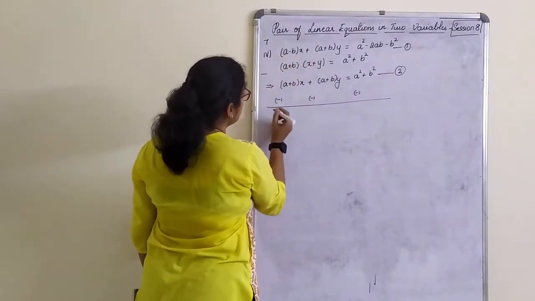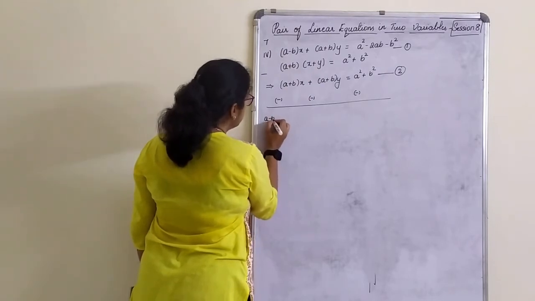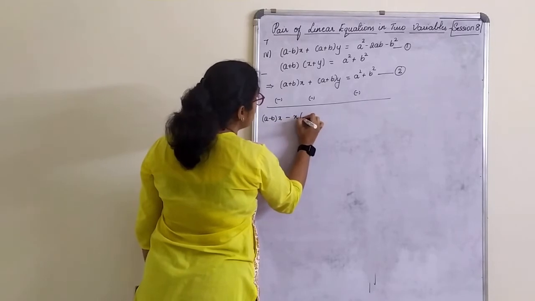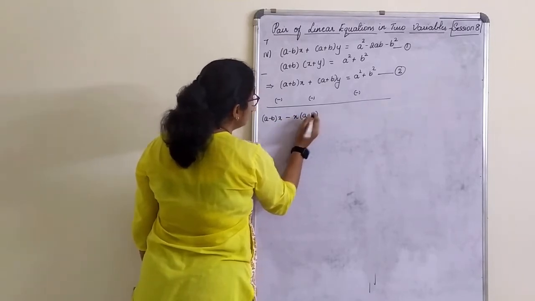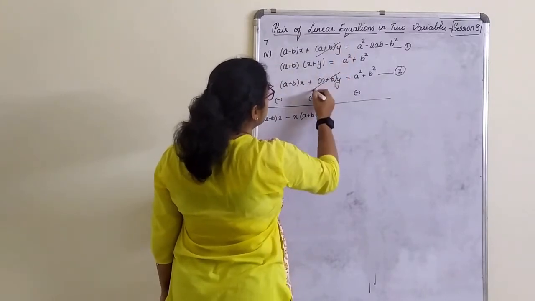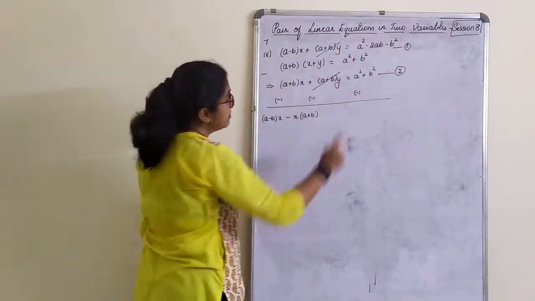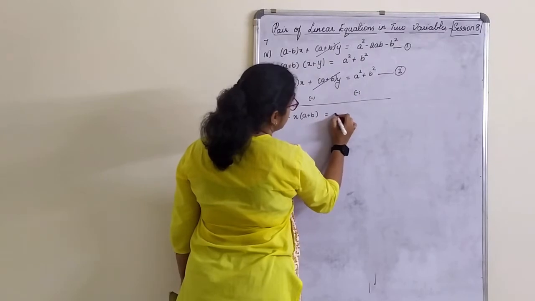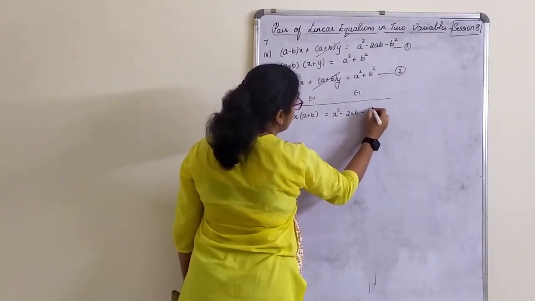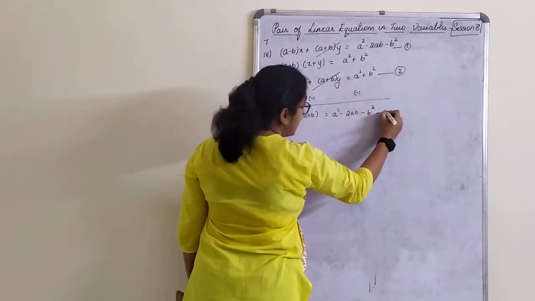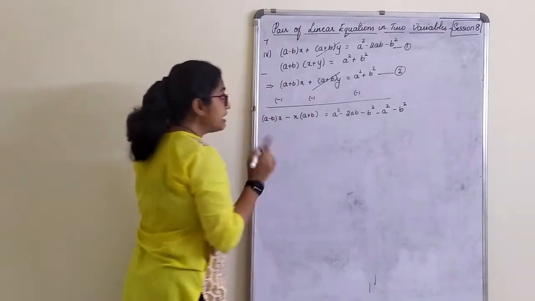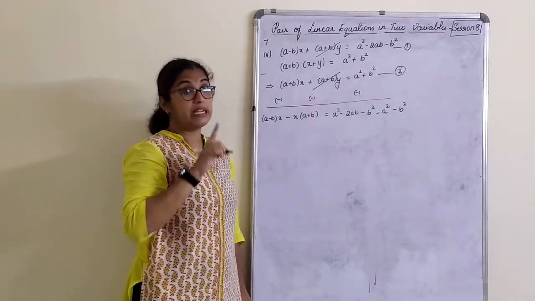Write the first equation. It is (a minus b) of x minus x of (a plus b). Both are the same. Writing here on that side. (a plus b) of y minus (a plus b) of y will get cancelled. Write that first. A square minus 2ab minus b square minus a square minus b square. Be very careful when a minus sign is there and we have a binomial.